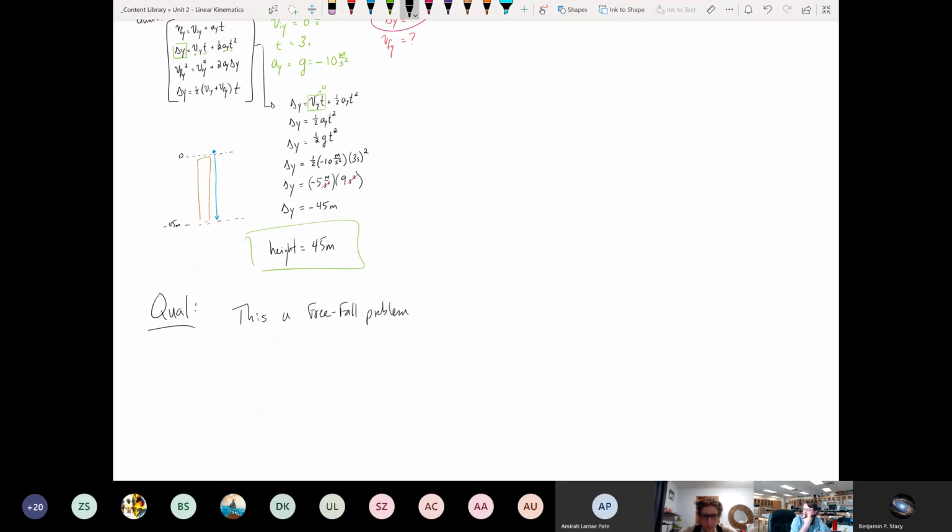That's something I know. I used motion graphs. I used kinematic equations where the acceleration was little g in order to solve for delta y, the vertical change in position, because the vertical change in position is going to tell me the height of this building. Basically what I would write.